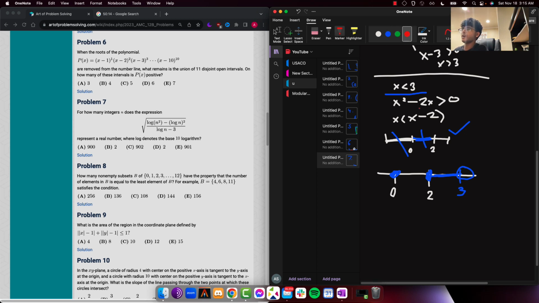And when we go back from the logarithmic scale into the regular scale, 0 becomes 1, which is fine. 2 becomes 100, and 3 becomes 1000, right?